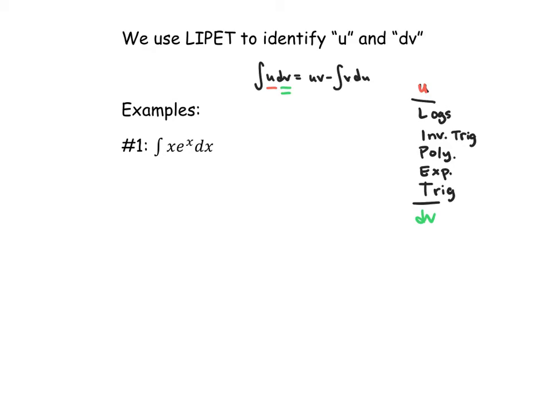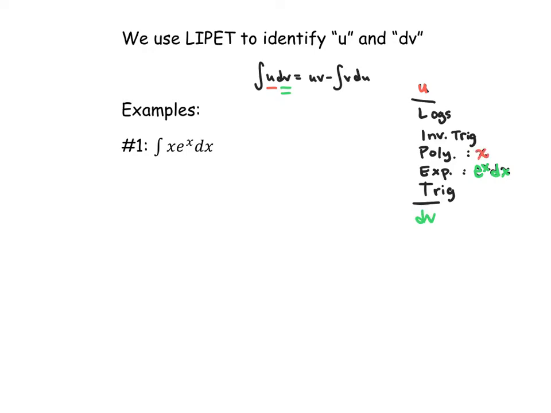So where does x land? Well, x lands within the world of polynomials, and e to the x lands within the exponential world. And I always tag on the dx to dv. So e to the x dx is dv, and x is u.